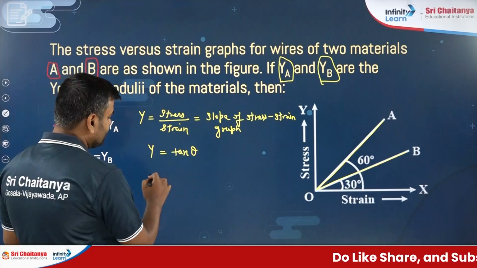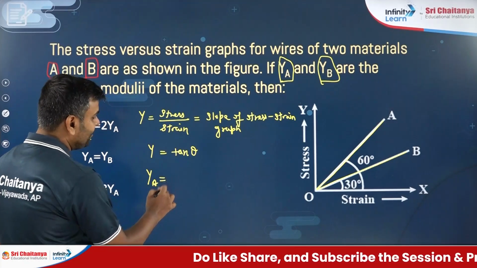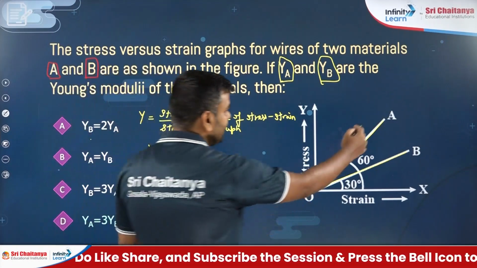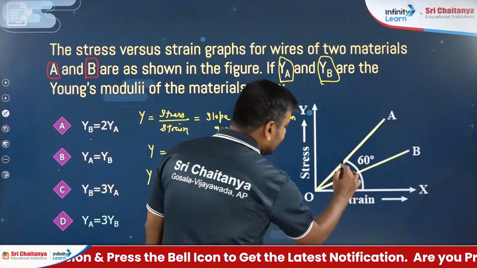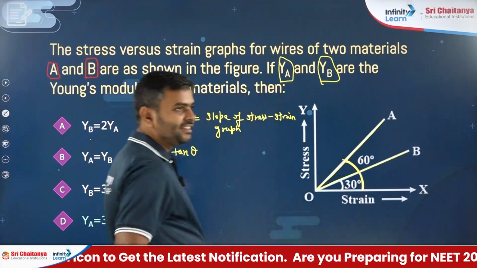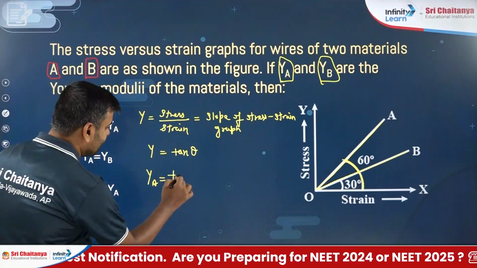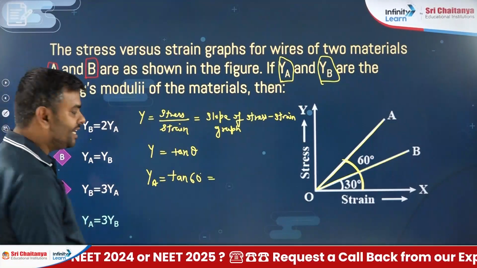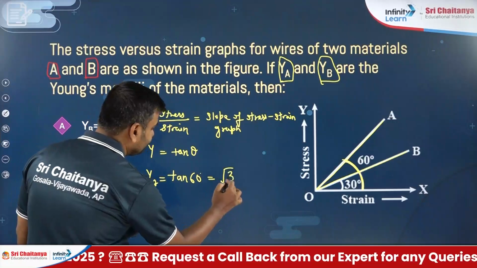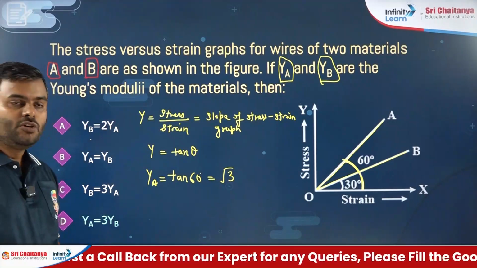Based on that we can write the YA value. You can see this A straight line curve is making an angle of 60 degrees with respect to the positive x-axis. So we can write YA is equal to tan 60 degrees, and the tan 60 degree value is √3.